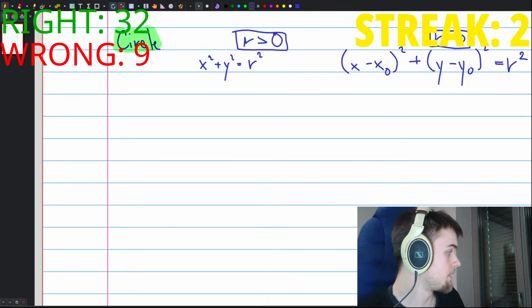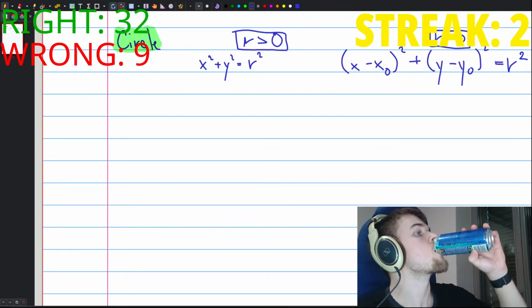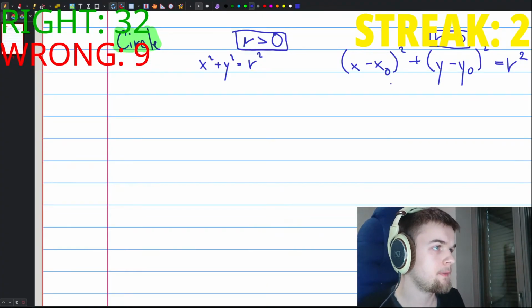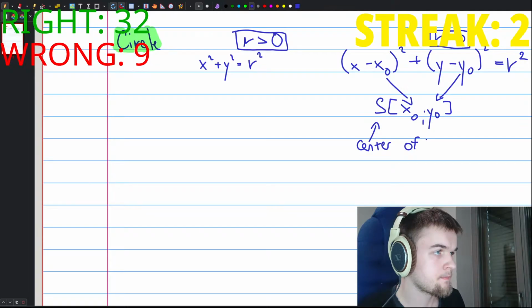Which makes sense. I mean, how can you have a circle with a negative radius? But here, if you take x0 and y0, you get the center.